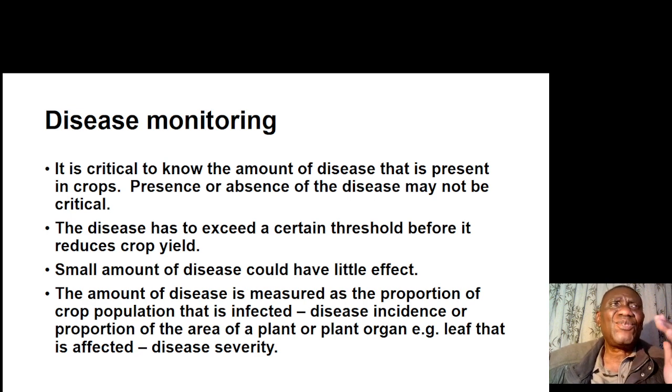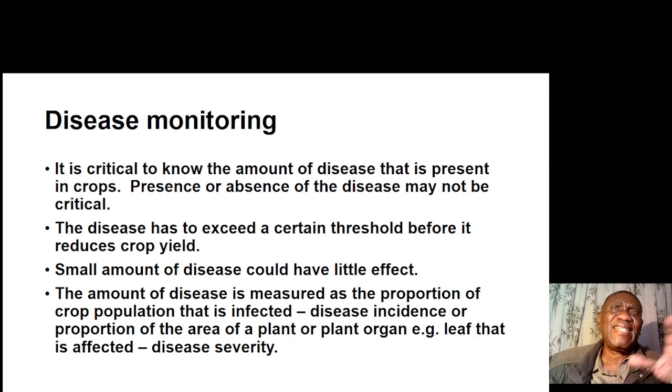For example, a small amount of disease could have little effect. So should we spray the fungicide? The amount of disease is measured as the proportion of crop population that is infected. Actually, this is what we call disease incidence.